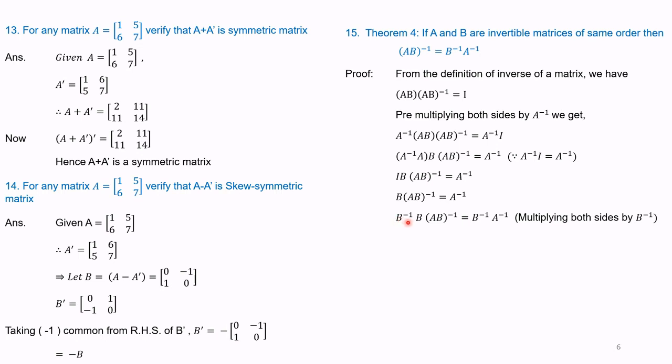We know B^-1 into B is I. That is, I into (AB)^-1 equals B^-1 into A^-1. Hence, (AB)^-1 equals, we know I into A^-1 is equal to A^-1, that is, I into (AB)^-1 is equal to (AB)^-1.